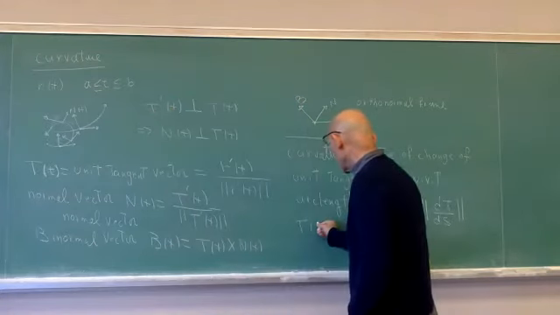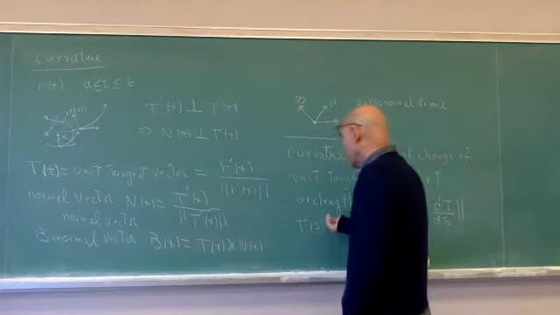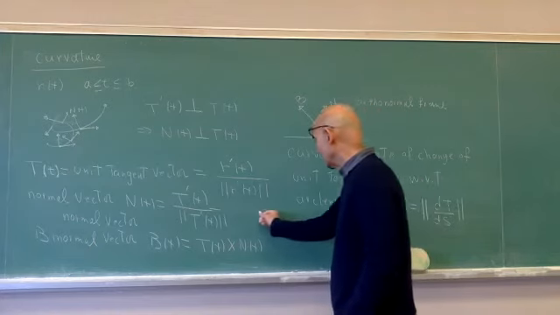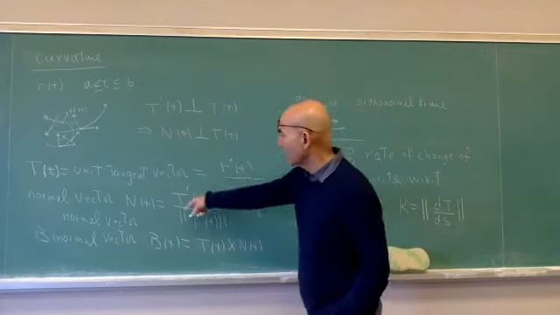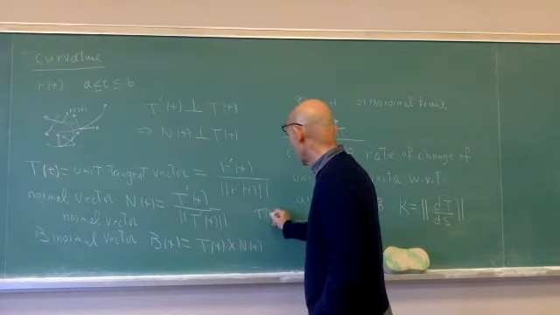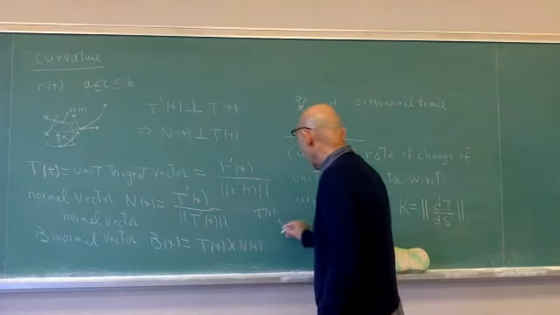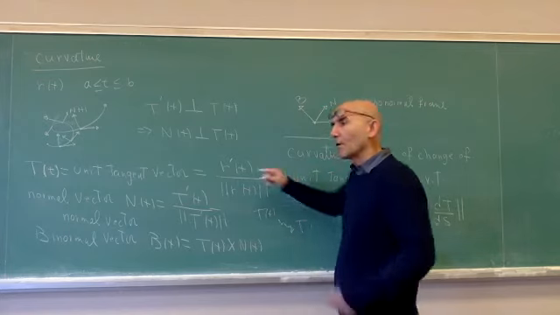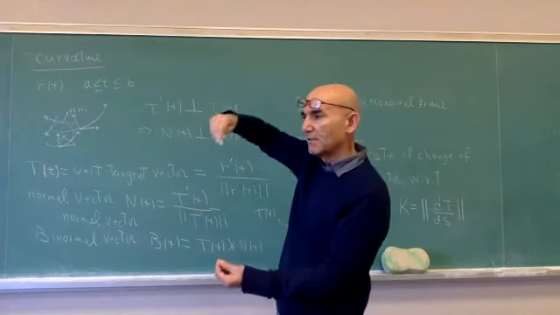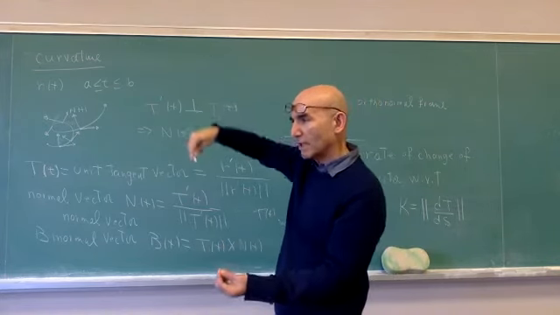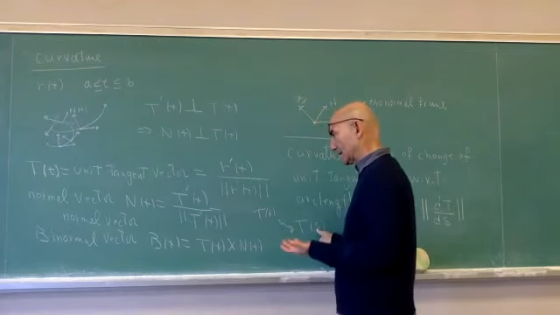Once you write T of s, by replacing t by its s value from that change of variable by inverting this arc length function, you get a function of s.